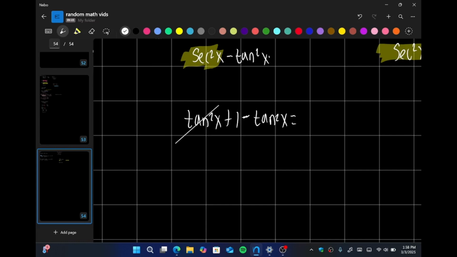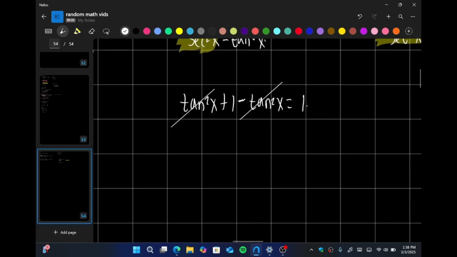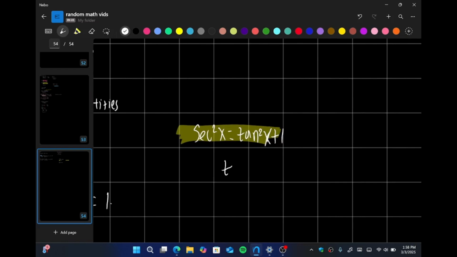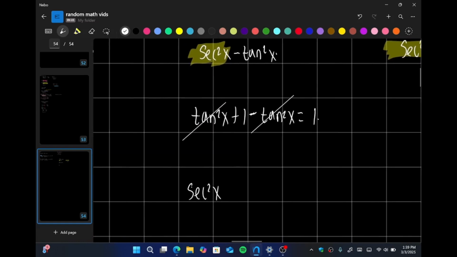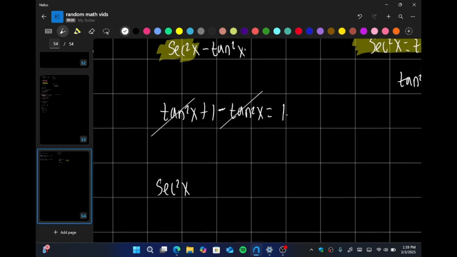You can do it the same way by doing the other way around. If I do secant squared x, and I remember that tan squared x is equal to secant squared x minus 1, because algebraically you would solve for that, so you can do it the same way. I'm just showing this, guys, in case y'all forgot how to do this.